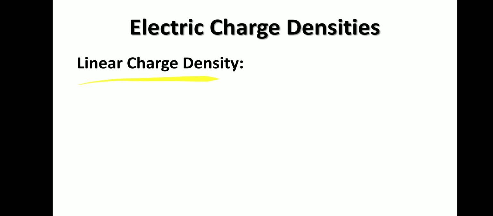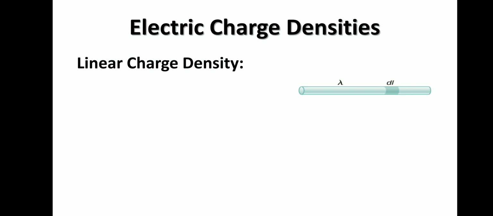Moving ahead with some more. These are electric charge densities. What are these electric charge densities? Let's discuss. First one is linear charge density. Let us consider a rod of length L on which the charge Q is uniformly distributed.